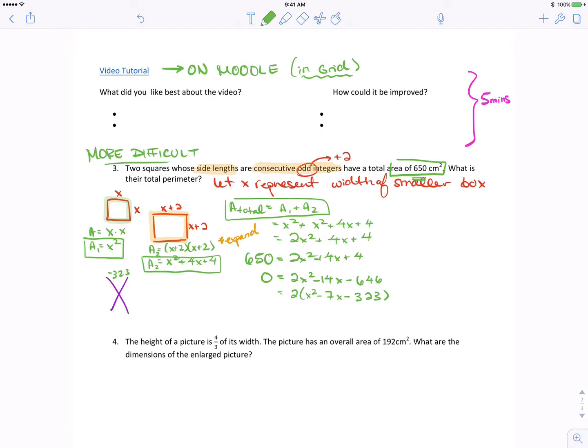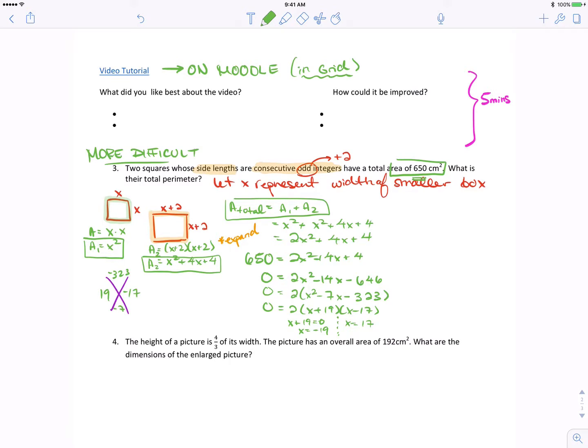Negative 323 adds to negative 7. Mull over this a while. I won't give you numbers that are this bad, but 19 and negative 17. And I can go right into my factors. x minus 17. Remember, I'm setting it equal to 0 and I'm solving. x plus 19 equals 0. x is negative 19 and x is positive 17.